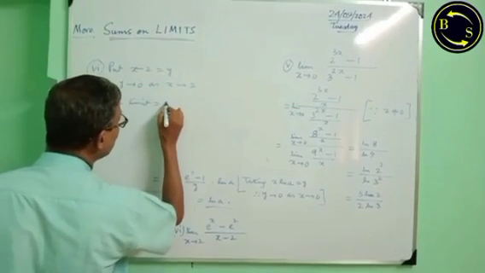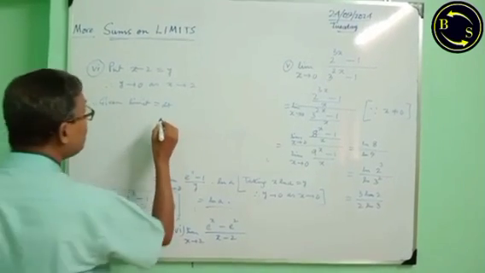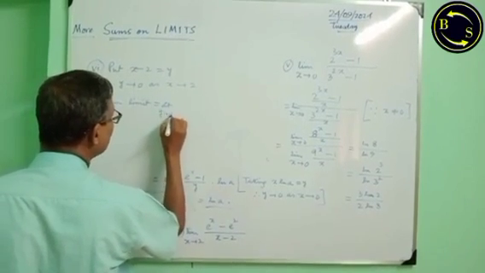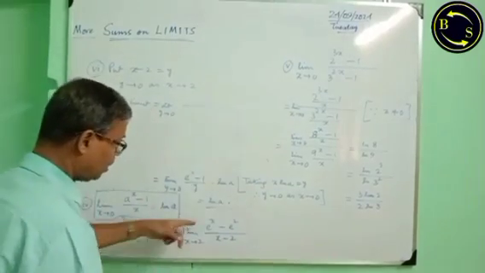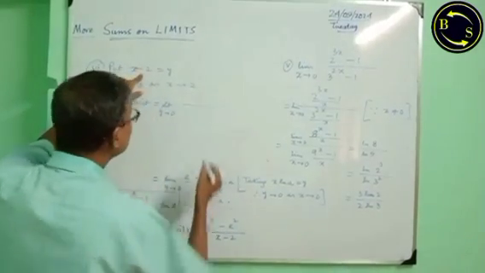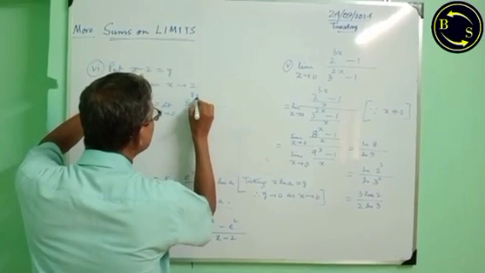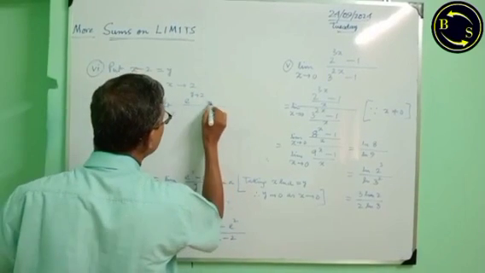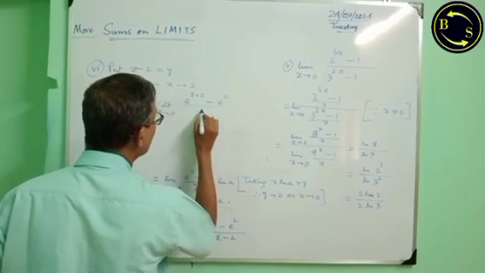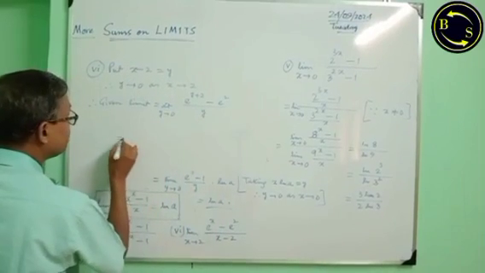is equal to limit y tends to 0, x is equal to y plus 2, e to the power y plus 2 minus e squared by y.